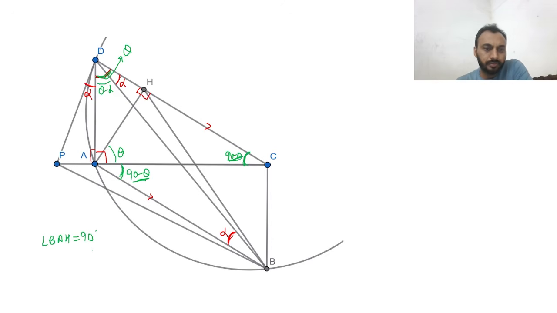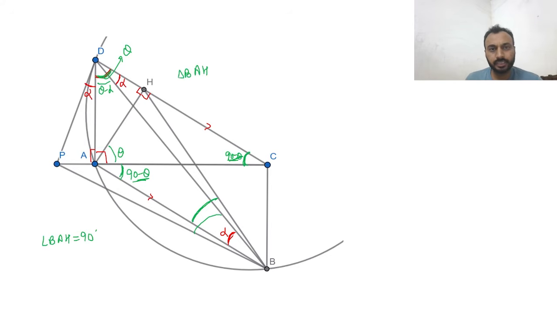Now again, what we want to prove is that this angle is equal to this angle. One thing we can try is to somehow make two triangles similar.